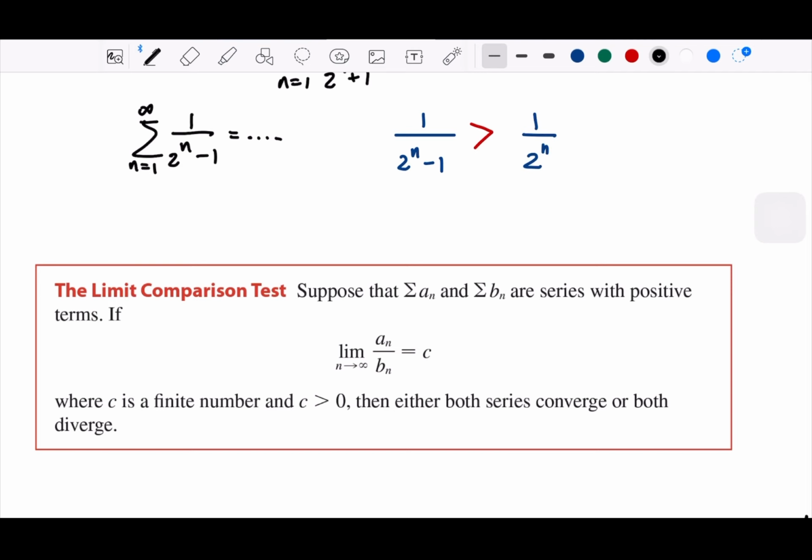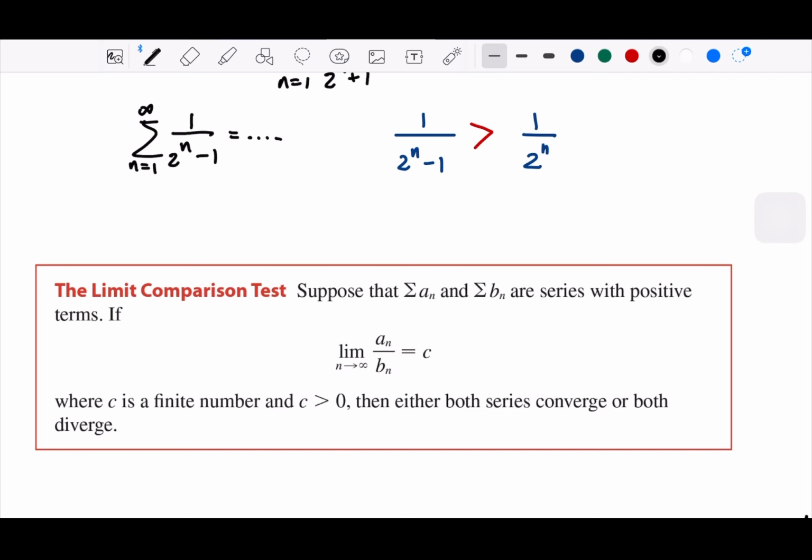Then if we take the limit of the ratio an over bn, it will be a finite number, a constant c. Of course, c needs to be positive. So there will be some conclusion here.